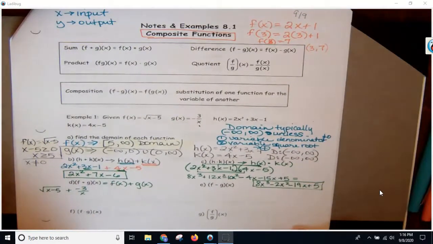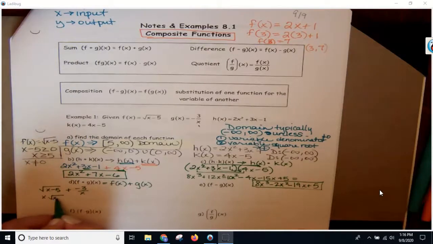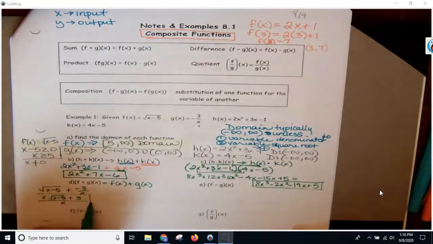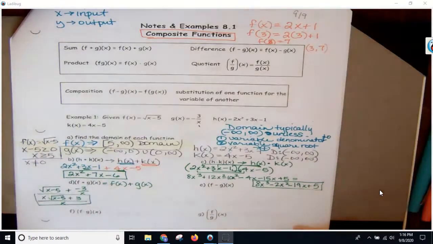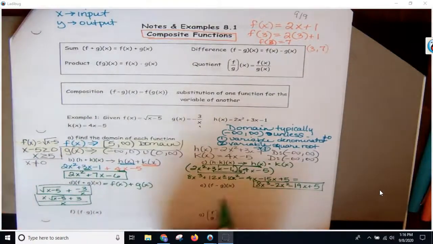Well, there are lots of different ways you can leave it like that, or if you want to create a common denominator, this would be x minus 5 plus 3 all over x. So that's basically as much as you can simplify that, or this. Either one of those is correct.